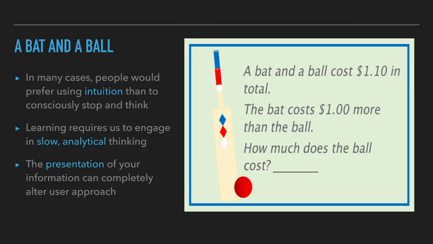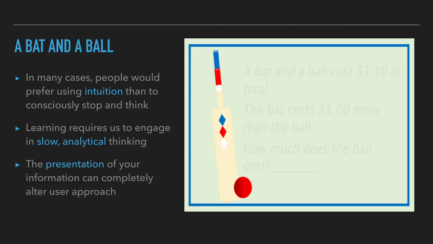So we need to engage system 2, the slow analytical thinking, when we want to teach them new things. Sometimes we have to artificially make them stop and think. By changing the color of the text, people who see this problem have a harder time to read, but that engages their slow thinking.